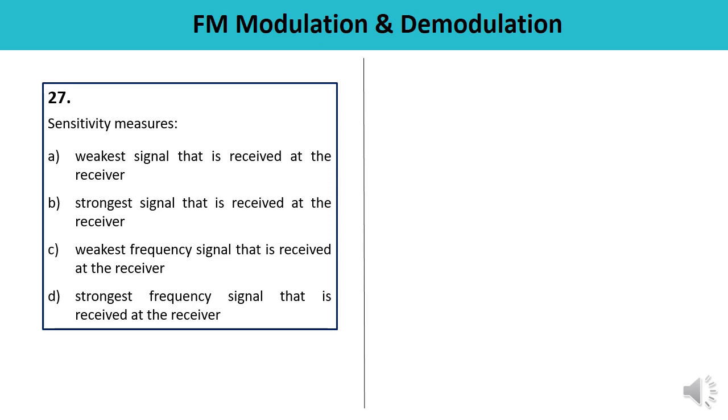Question number 27 is about sensitivity. Sensitivity measures what? Read out all the options carefully. You will get to know that the weakest signal that is received at the receiver, it is about the sensitivity, means the answer is A. Correct one.